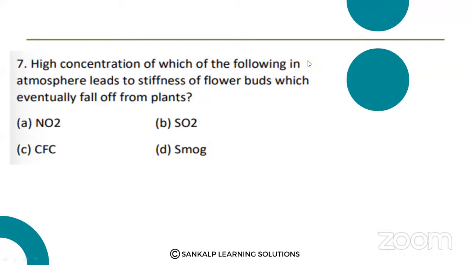High concentration of which of the following in the atmosphere leads to stiffness of flower buds, which eventually fall off from plants? It is Option B, SO2.